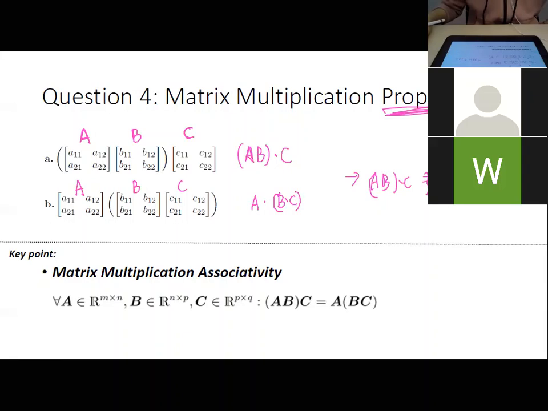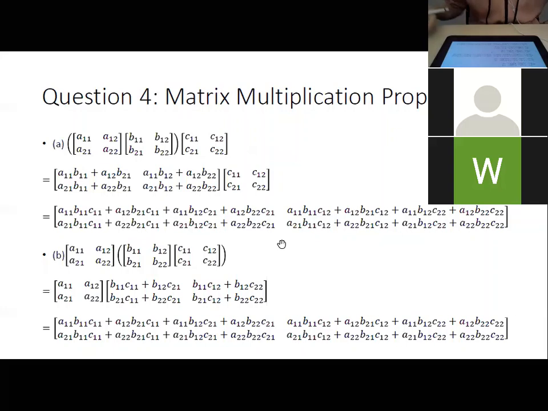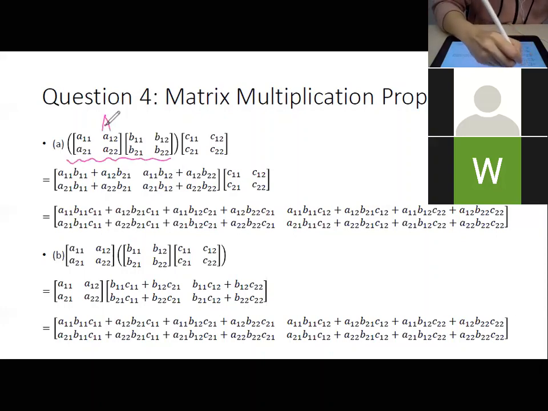We go to the next page to see more details. I think the derivation is quite easy. Though it looks kind of complex, we can do it step by step. First, we do A times B. We use the first row times the first column, and the first row times the second column, so we can get this matrix.